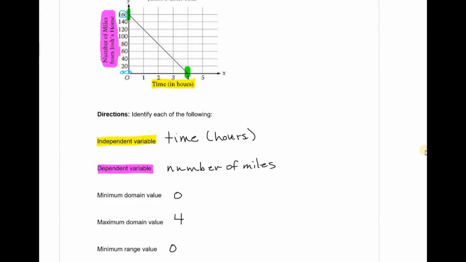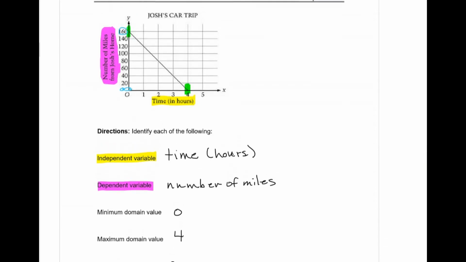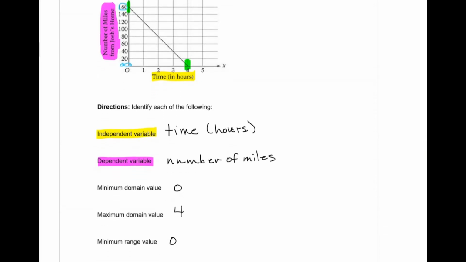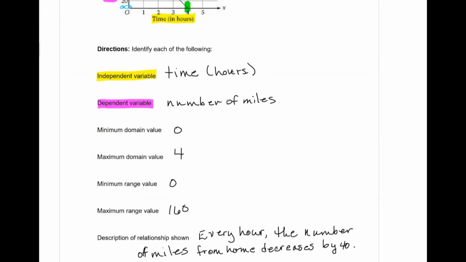Okay, let's look at these answers. The independent variable is time in hours. The dependent variable is the number of miles. The minimum value for the domain is 0, so it's as far left as your graph goes. The maximum value of the domain is as far right as your graph goes, which is 4. The range is from bottom to top, so from 0 to 160.